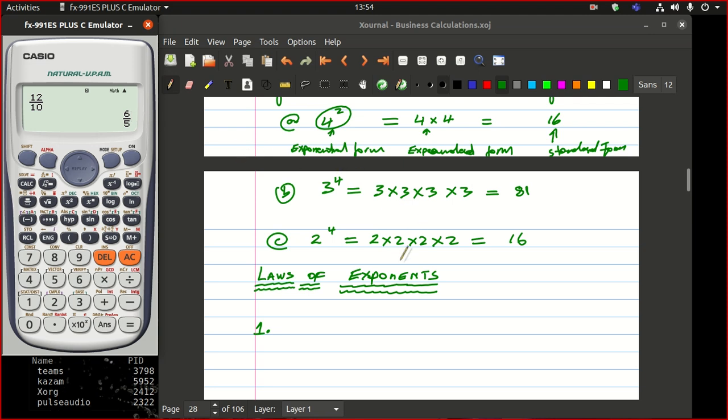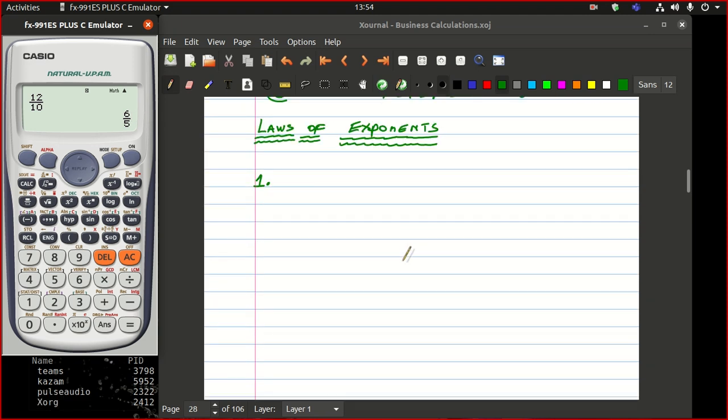Now, what are these laws of exponents, so that we can move forward? The first one is about what happens if you have a number a, which is the base, raised to an exponent m, and you multiply it by the same base with exponent n.